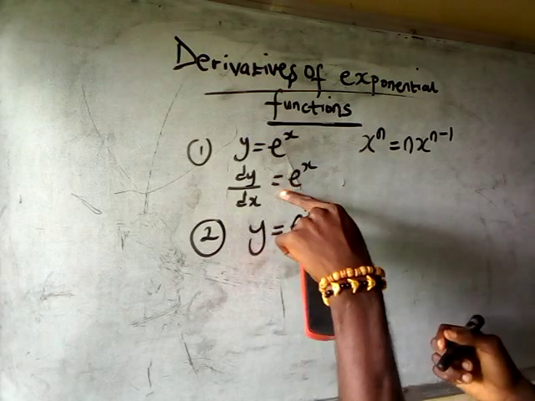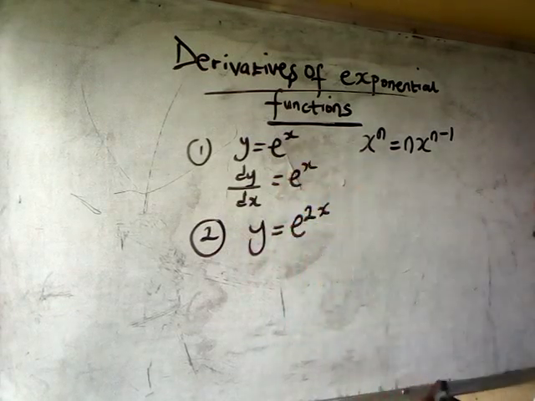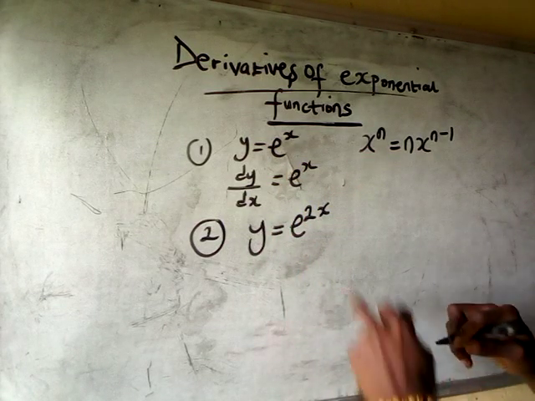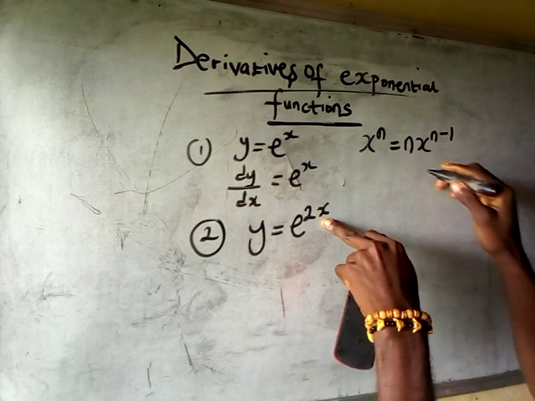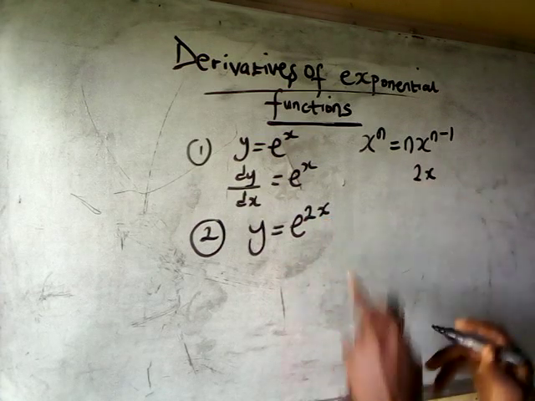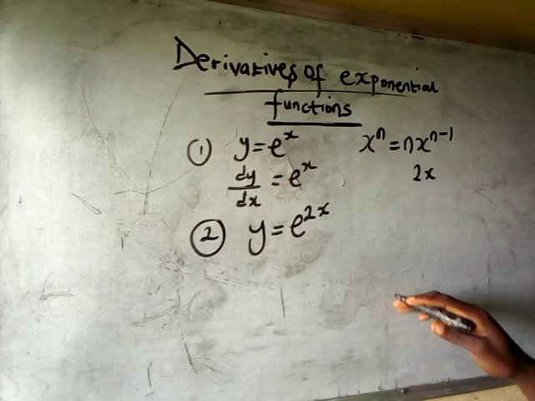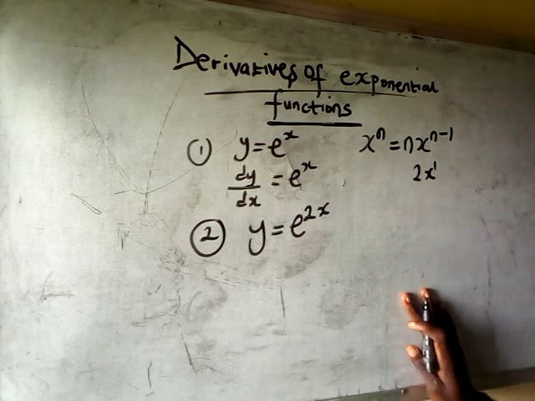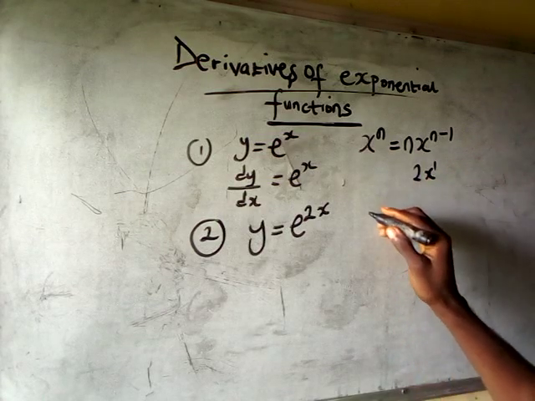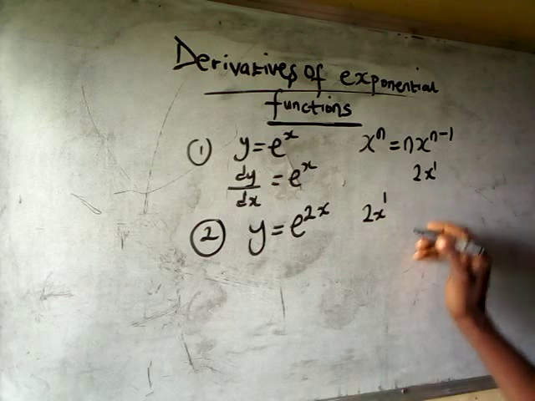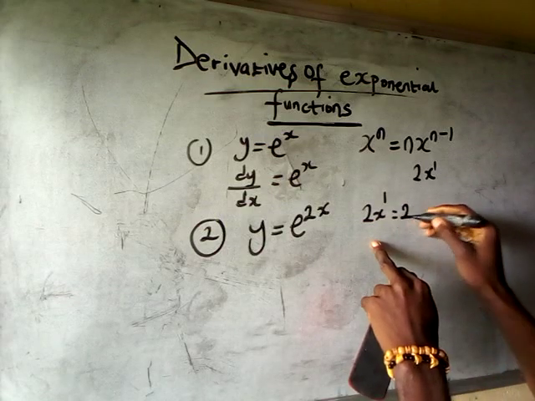There is an invisible 1 here. I will bring down my 2x to differentiate. I'm going to differentiate 2x now. Remember that this is raised to power 1.